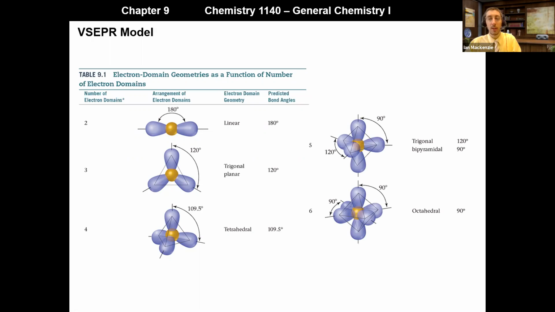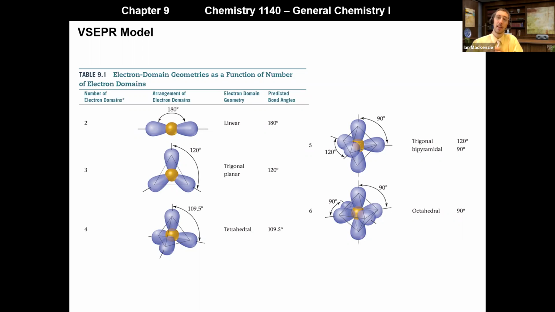Beyond 6 is not common in any form or fashion. 5 and 6 are actually fairly rare. Most of the time we deal with 2, 3, or 4. But for 5, we'll have 3 of them align in one plane, and then 2 sit in the vertical plane, one above and one below. Because this looks a little bit like 2 pyramids stacked on top of each other, we refer to this as being trigonal bipyramidal, where the trigonal refers to the number of points in the base of the pyramid, or the plane.